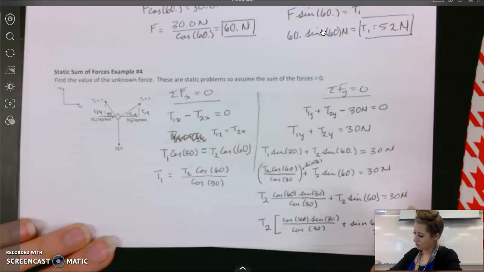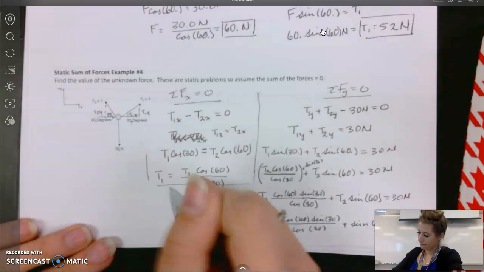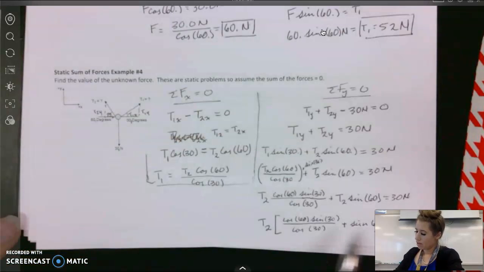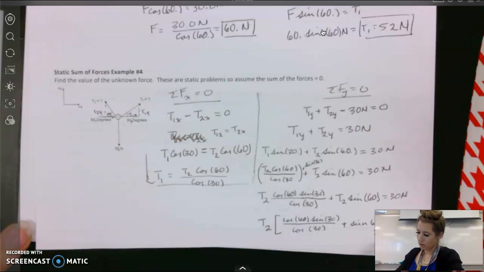That's going to equal 30 newtons. Okay. Now, I can plug it into my calculator just like this. I can do 30 divided by all of that.